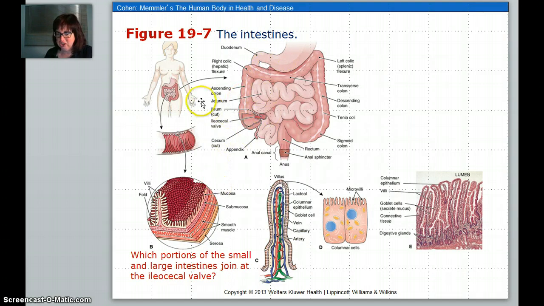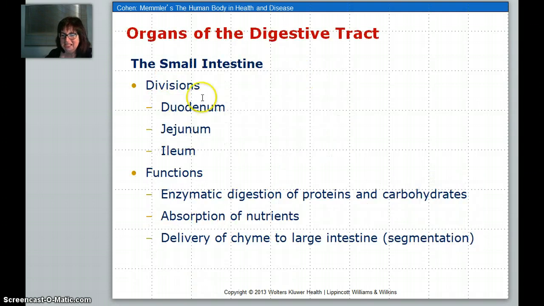So we're going to start in the small intestine. The small intestine comes off here. Now, it's hard to believe, but there are 7 meters. That's probably the distance across a classroom. 7 meters of guts in here. So it's folded up pretty tight. The small intestine has the duodenum, which is the first one, then the jejunum, and then the ileum.